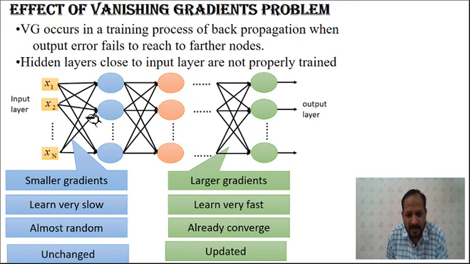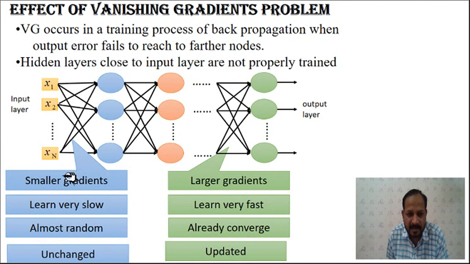Initially you initialize the weights with small random values, so the weights of the hidden layers near the input layer remain almost the same, with no change, while the weights of the hidden layers near the output layer change a lot, and because of that they reach their convergence.